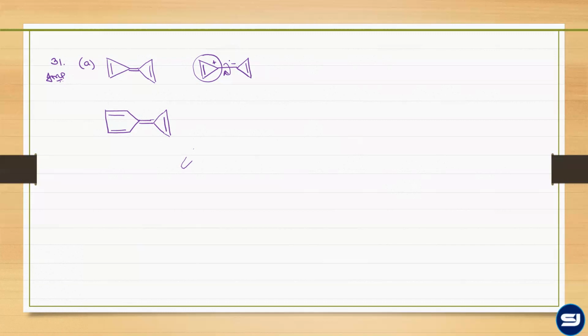So it is cyclic, planar, but the number of delocalized electrons will become how much? 4. So in the case of cyclopropene, the carbocation is aromatic, but the carbanion of that is anti-aromatic. So in this case the second ring is not getting the stability.